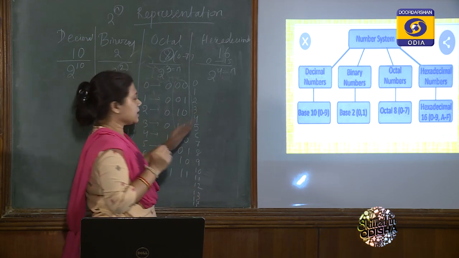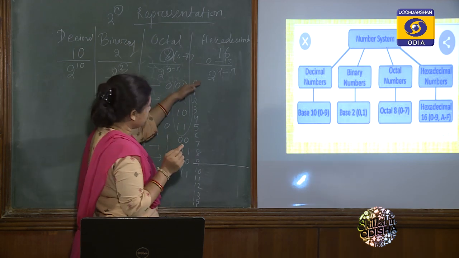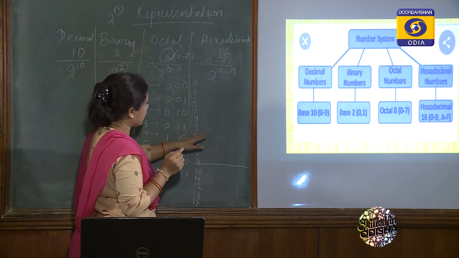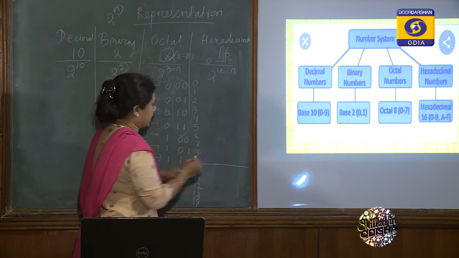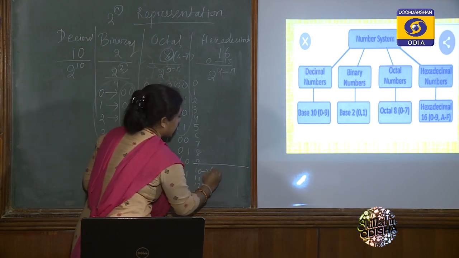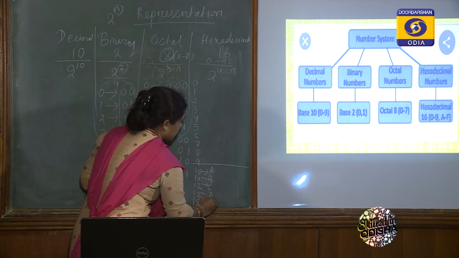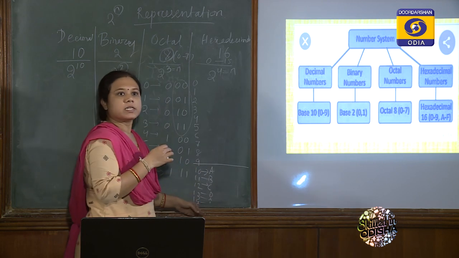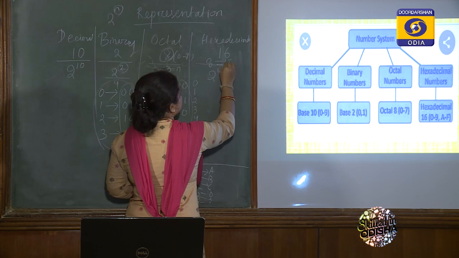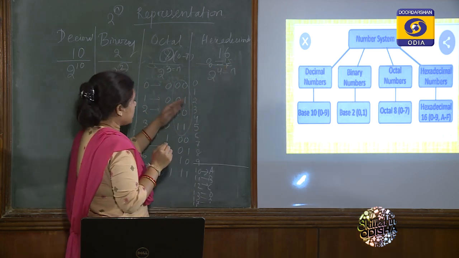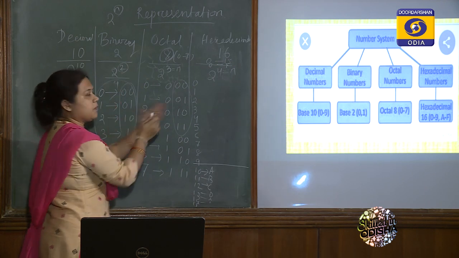For 0 to 9, the digits are common. But after that, in place of 10 it is represented as A, then B, C, D, E and F. So it will be 0 to F. Now how do we represent all these numbers? The same pattern will be repeated here.